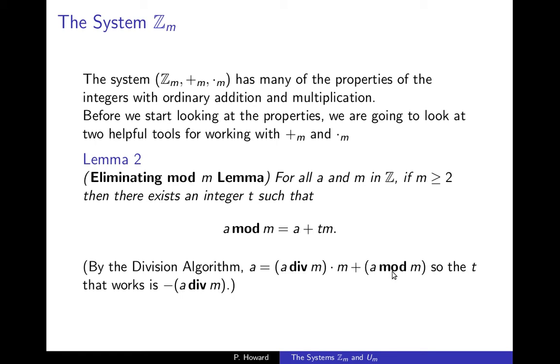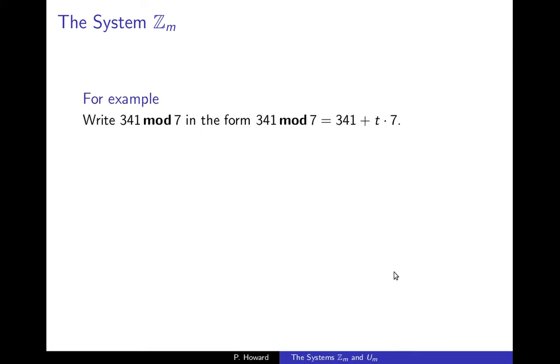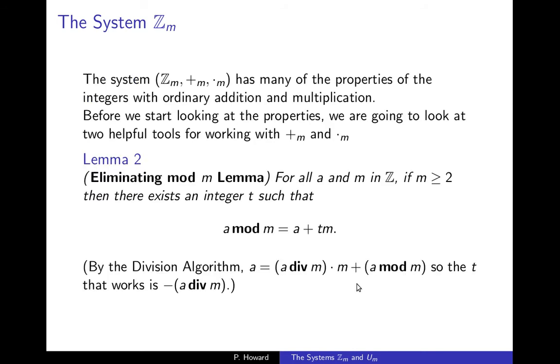So if you solve this equation for a mod m, we see that a mod m is a minus a div m times m. The t that works is minus a div m.